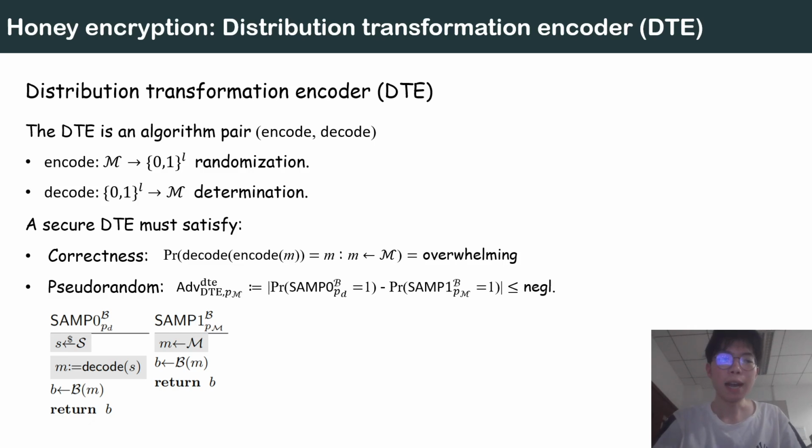Next, we analyze the security of the DTE in the honey encryption scheme. As previously mentioned, DTE is an algorithm pair, including a randomized encode algorithm and a deterministic decoding algorithm.